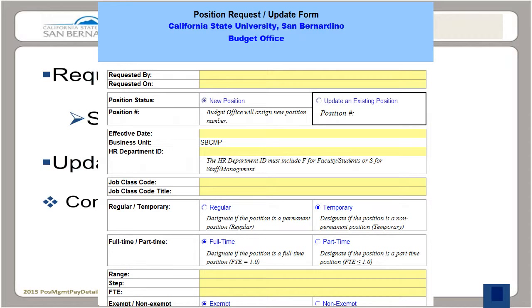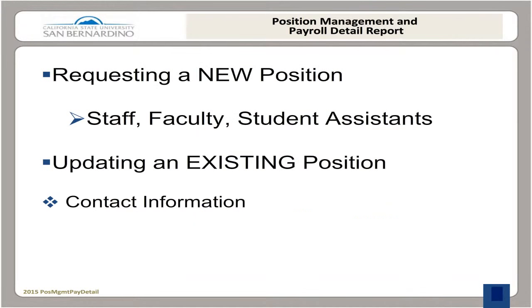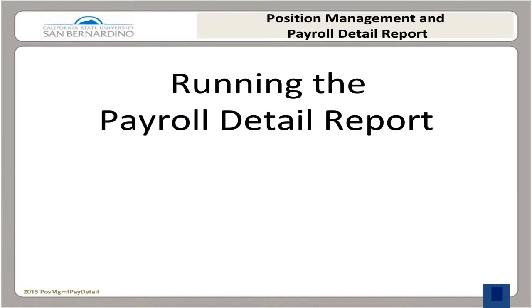After the information is verified, the budget office staff will create a position and notify the department that the position has been created and provide a position number. You can contact the budget office at extension 75134 with questions on position creation and updates, including changing the funding source for an existing position.